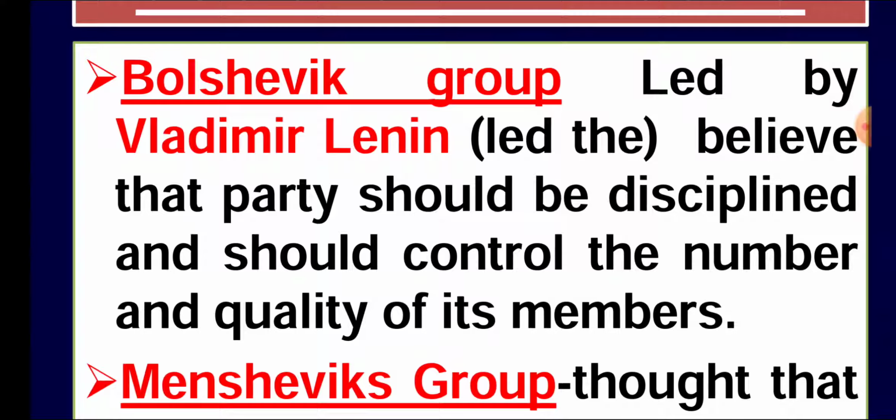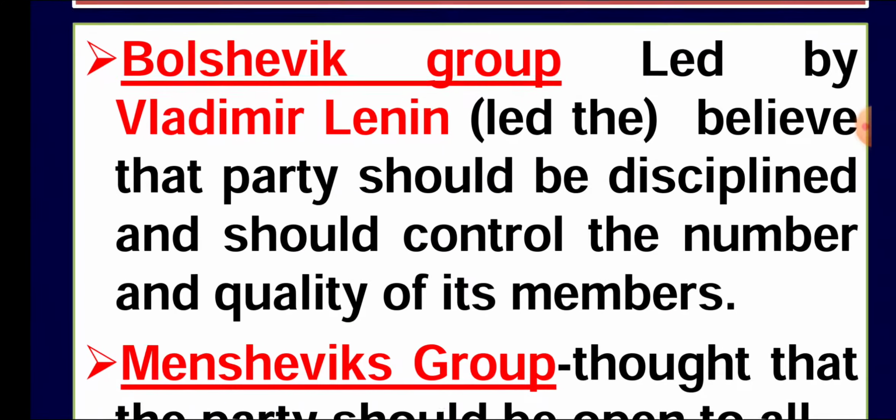He believed that the party should be disciplined and should control the number and quality of its members. These people were active in Russia after April 1917. I will tell you why.